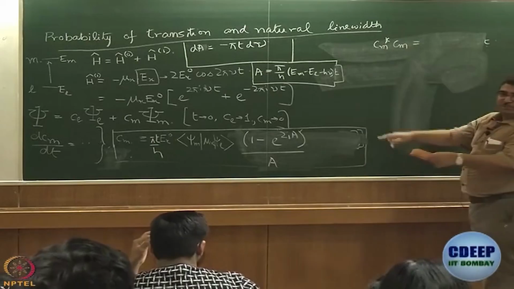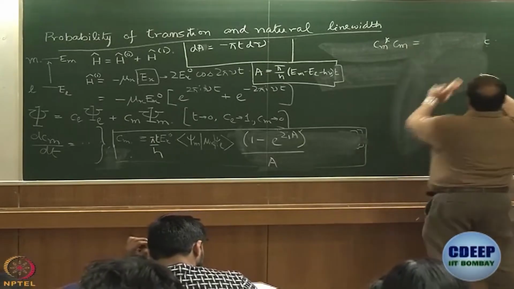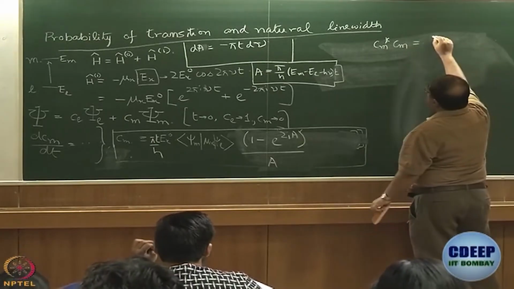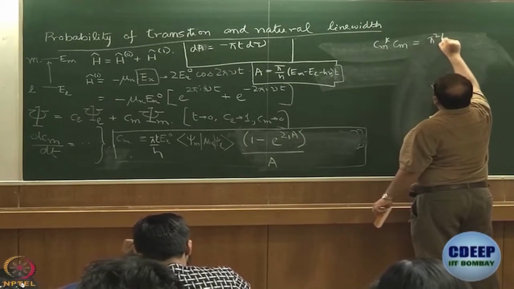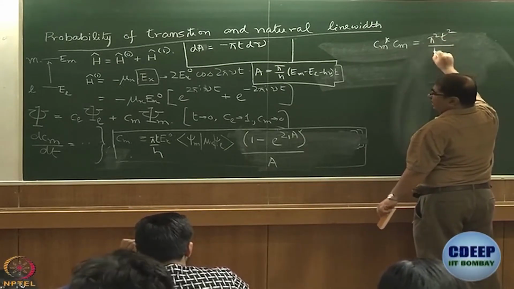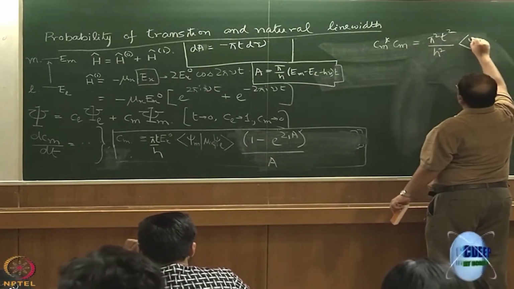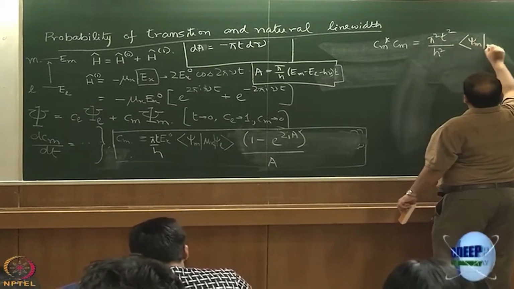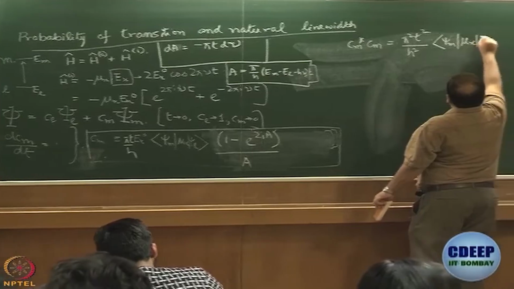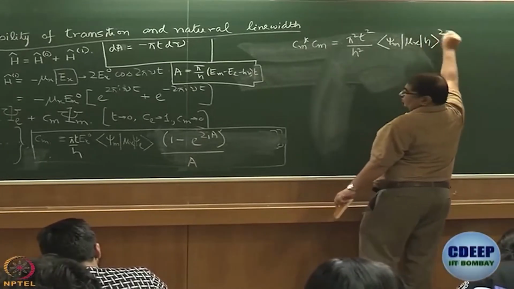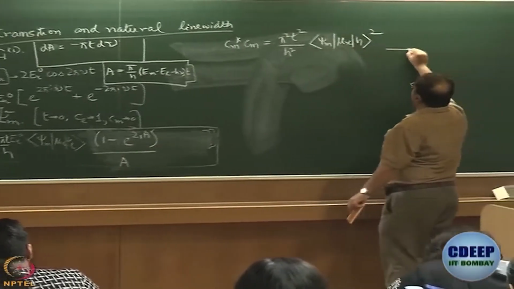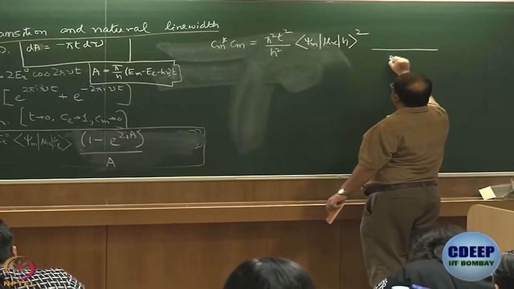Of course, let's do the easy part first. Well, everything is easy here. Pi square t square by h square, then multiplied by the square of the transition moment integral divided by A square.